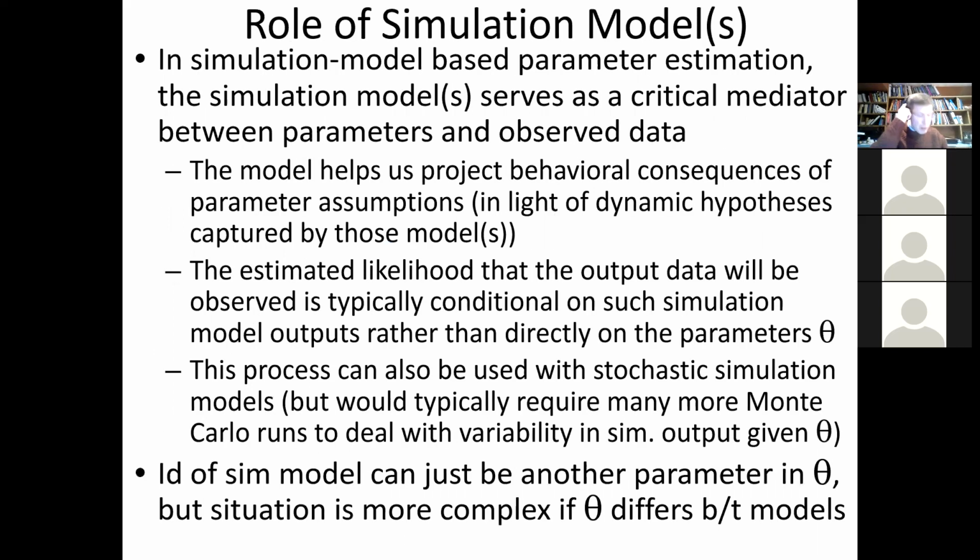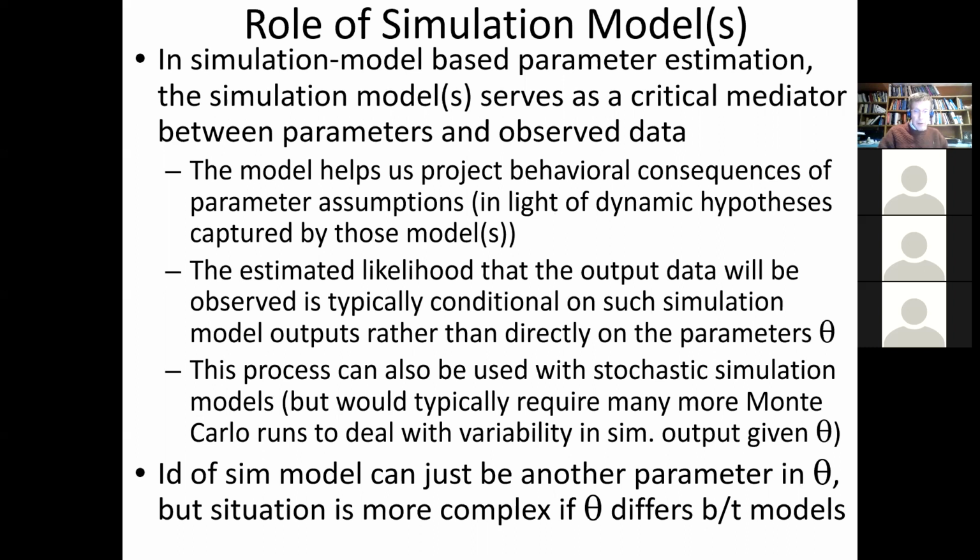So earlier, Maurice had asked about the role of the simulation model. I hope it should be obvious to you. The simulation model here serves as a critical mediator between parameters and observed data. So given a set of parameters, a value of theta, the model helps us project the behavioral consequences of parameter assumptions forward.